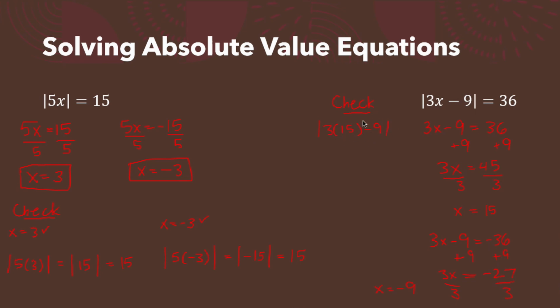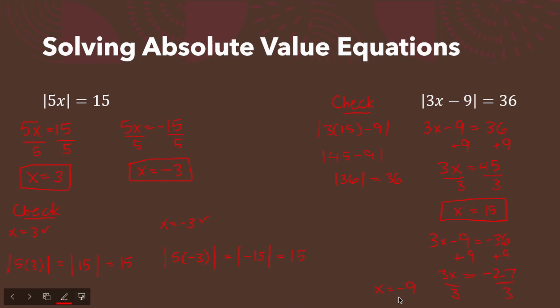Again, this is like parentheses and order of operations. So 3 times 15 is equal to 45. So the absolute value of 45 minus 9. 45 minus 9 is equal to 36. And the absolute value of 36 is equal to 36. So x is equal to 15 works.